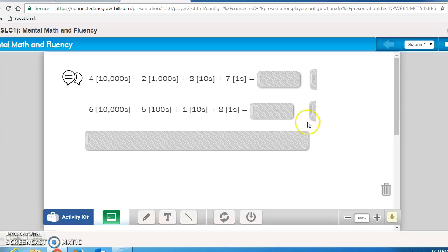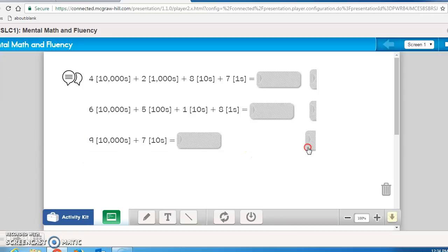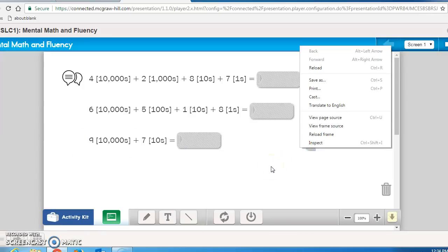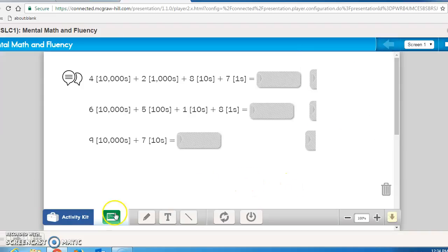Next, write this number down in standard notation. And finally, write this number down in standard notation. Don't forget there are math posters all around the room if you forget what standard notation is to remind you. Pause the recording now, write them, and then bring it up to me when you're ready.